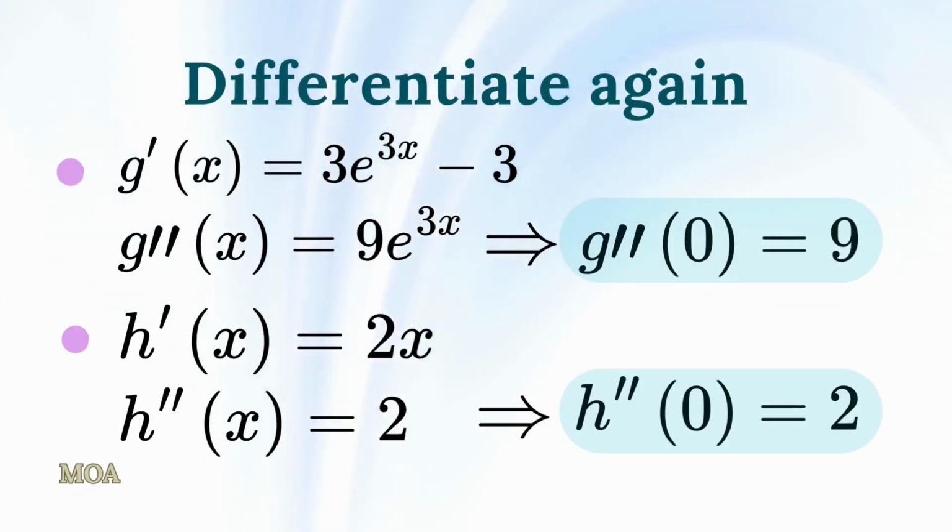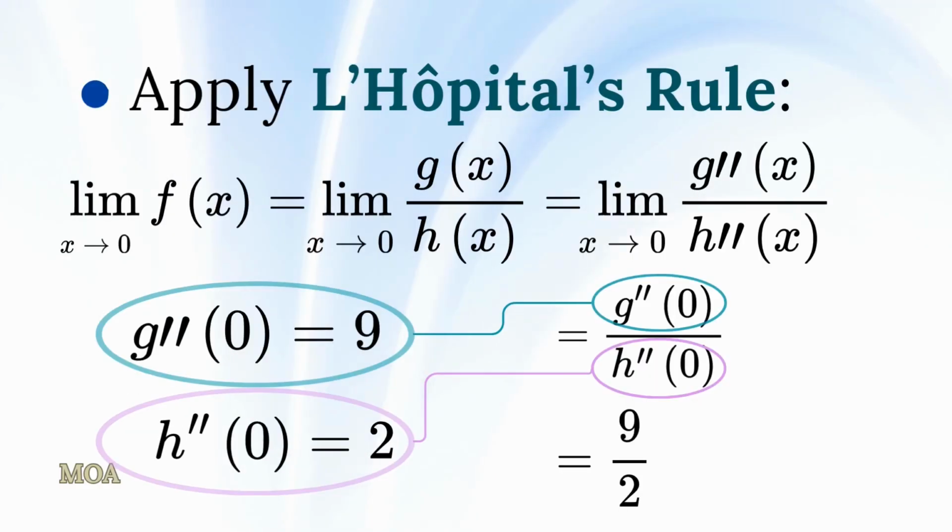Let us differentiate again. The second derivative of g(x) is 9 times e raised to the power 3x. The second derivative of h(x) is 2, which obviously shows that the second derivative of h at 0 is not 0. Now, we apply L'Hopital's rule a second time.